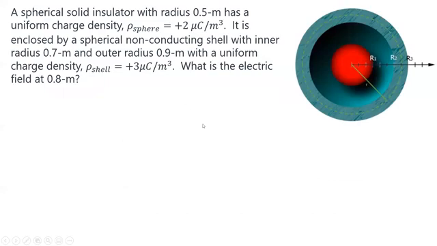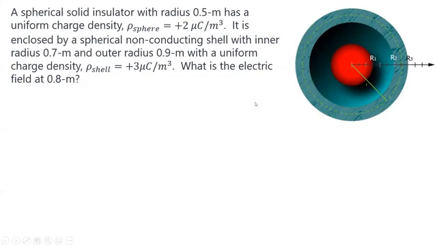All right, so now let's figure out what the electric field is at some location. We have this Gaussian pillbox that's inside of this insulator here. We have an insulating sphere contained inside an insulating shell. The sphere has a charge density rho of positive 2 microcoulombs per cubic meter, and the shell is positive 3 microcoulombs per cubic meter.